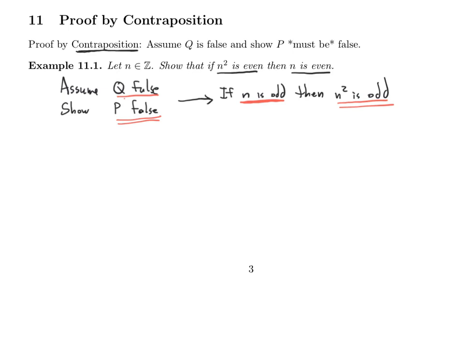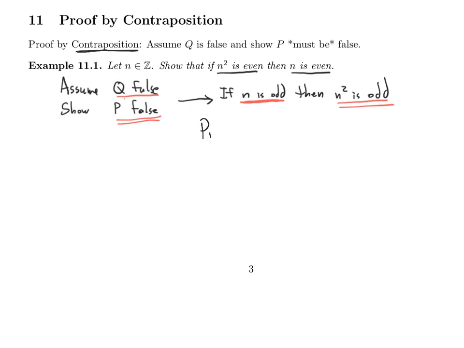So here, we prove that if n is odd, then n squared is odd, because this, the contrapositive statement, is logically equivalent to the original conditional, if n squared is even, then n is even. If we prove the contrapositive, we prove the original statement. And this should look familiar to you. From the last video, we proved this.